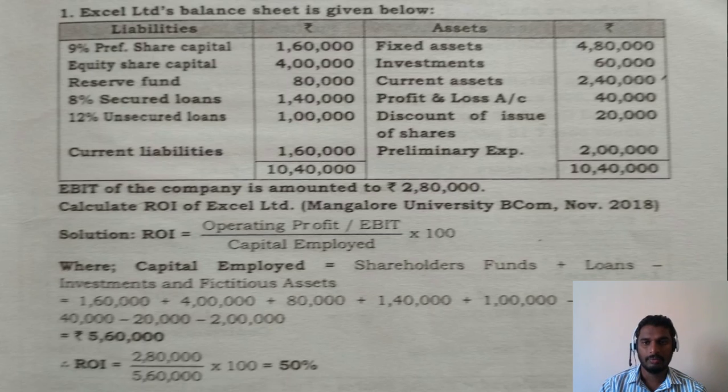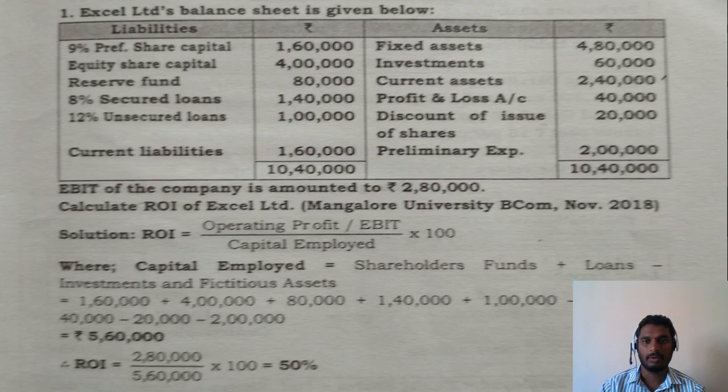So the solution: return on investment, we take the formula operating profit or EBIT divided by capital employed, denoted by C, multiplied by 100. First we have to identify the amounts of EBIT and capital employed.